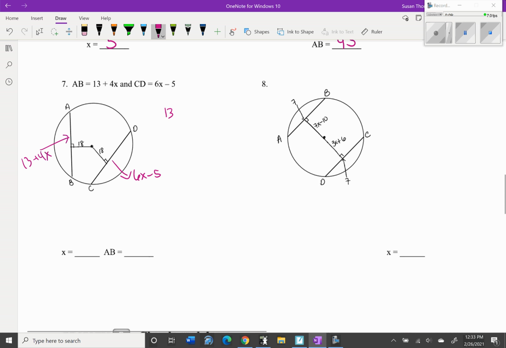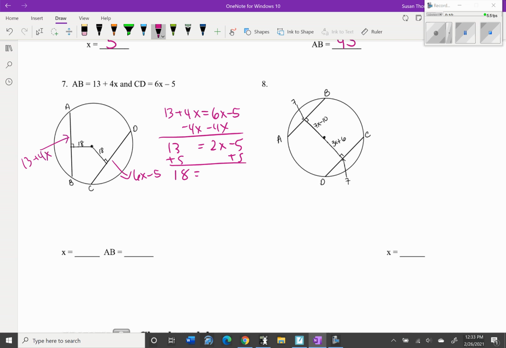So 13 plus 4x has to be equal to 6x minus 5. And so when I solve this equation, subtract the 4x, add the 5, and divide by 2, and we get x is equal to 9.